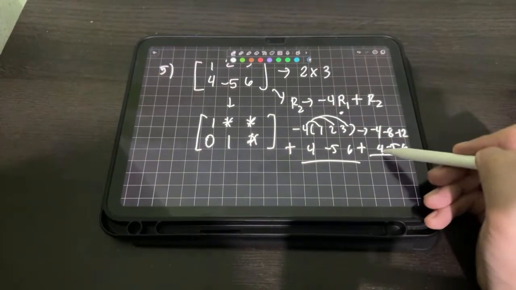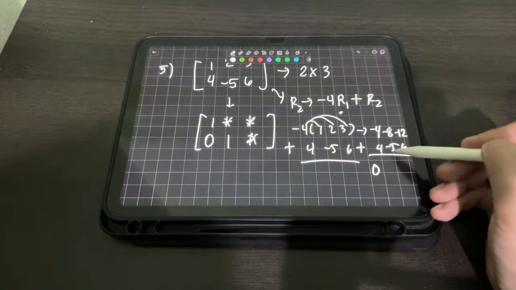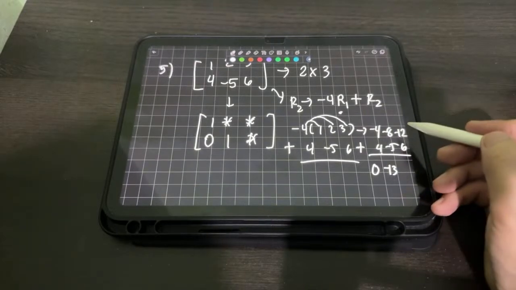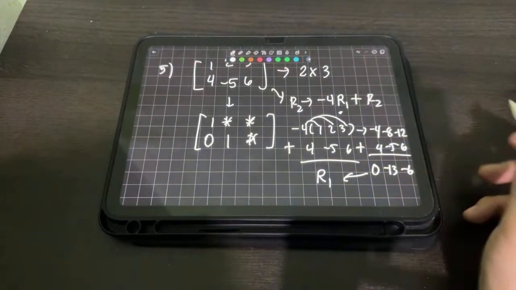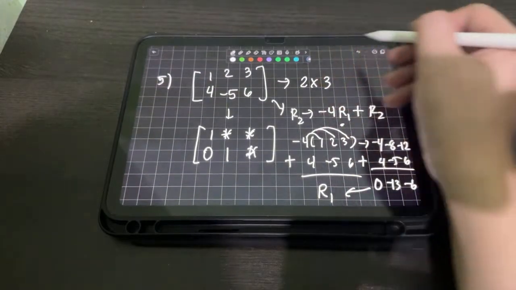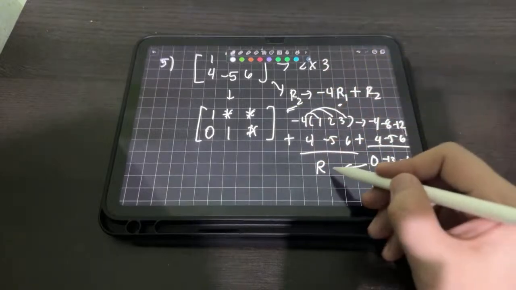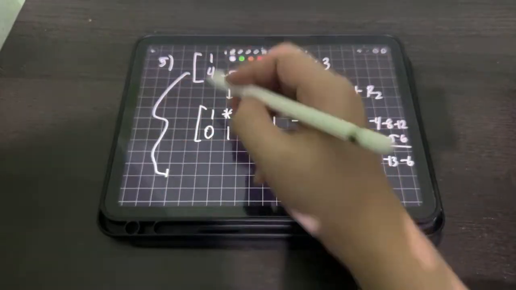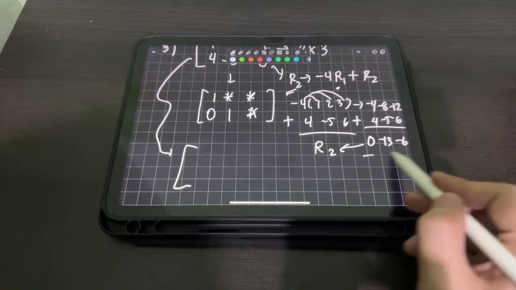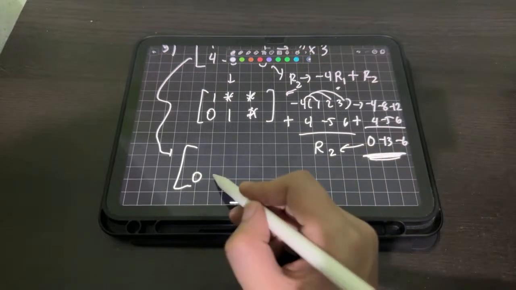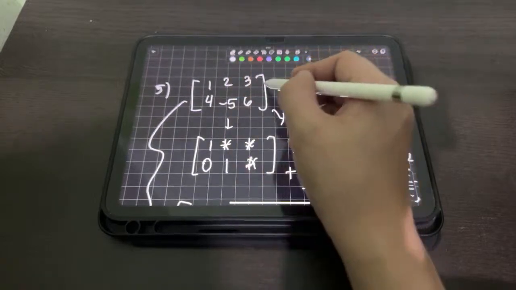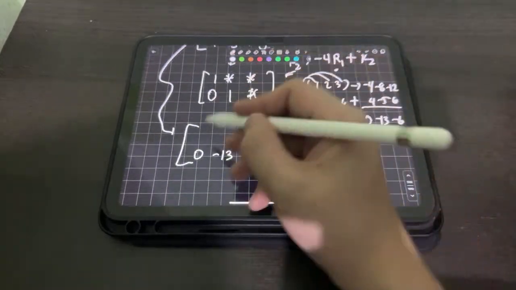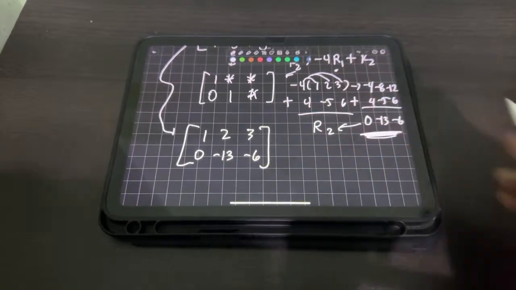So negative 4 plus 4, 0. Negative 8 plus negative 5, negative 13. Negative 12 plus 6, negative 6. So this will be the new entries in R2. Therefore, the new entries in R2 are 0, negative 13, negative 6, and then copy the same entries in R1, 1, 2, 3.